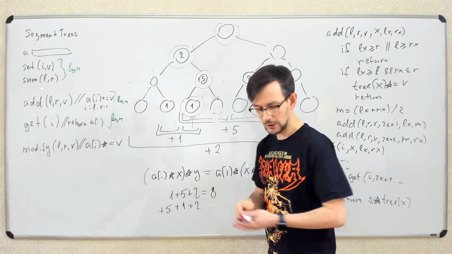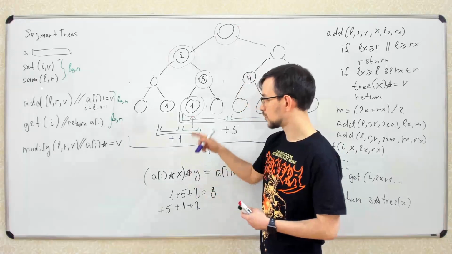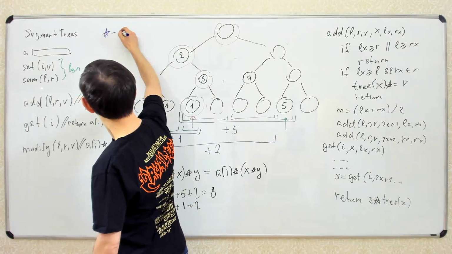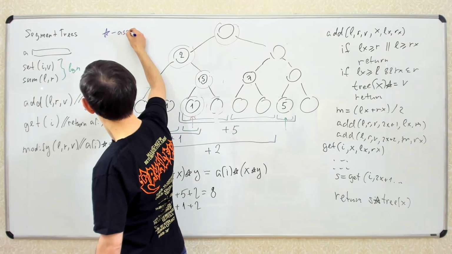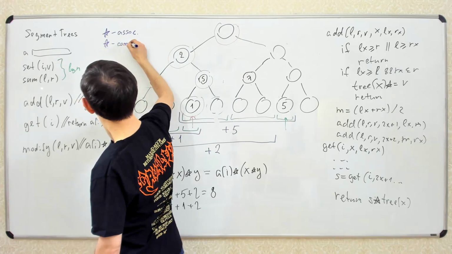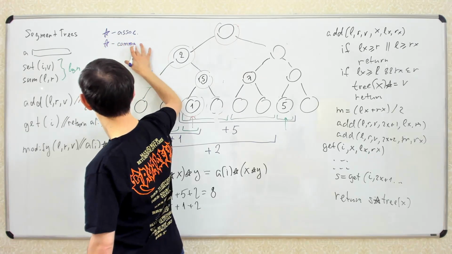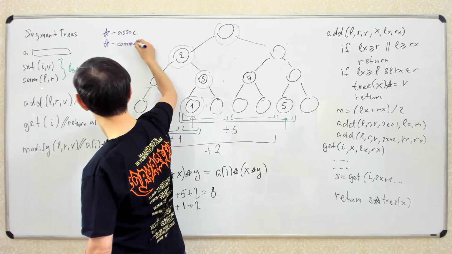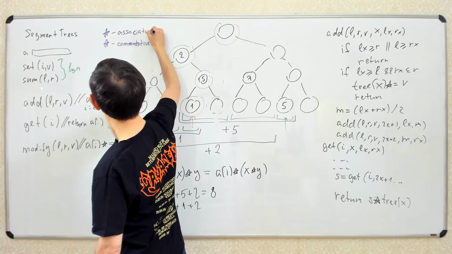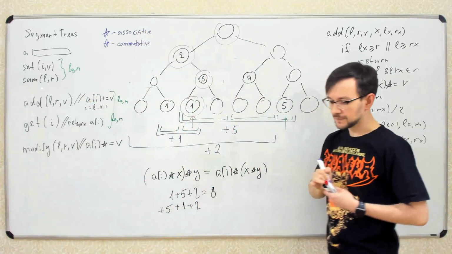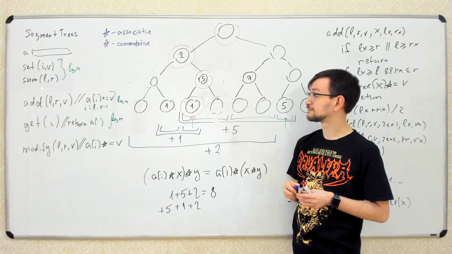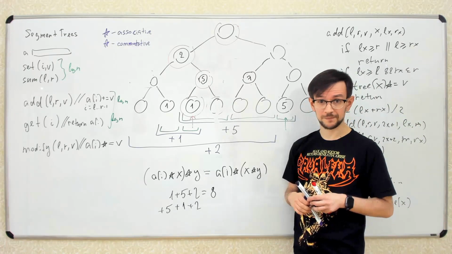Let's go. So we need the following properties. First, we need this operation to be associative, and then we need it to be commutative. And commutativity is not that common a property.